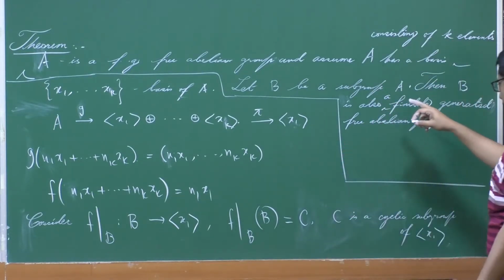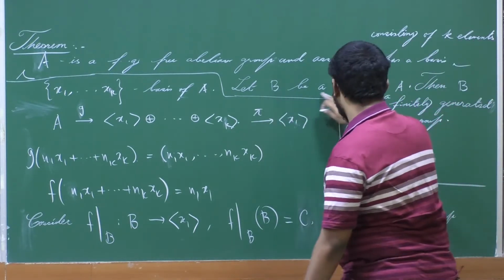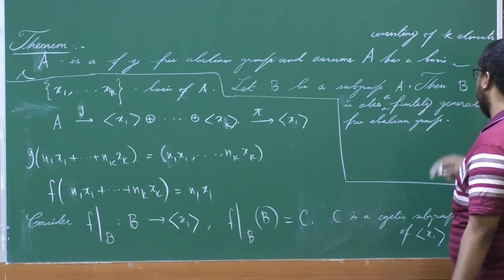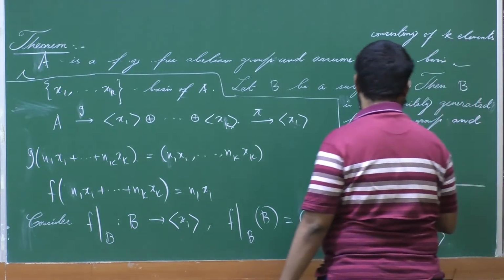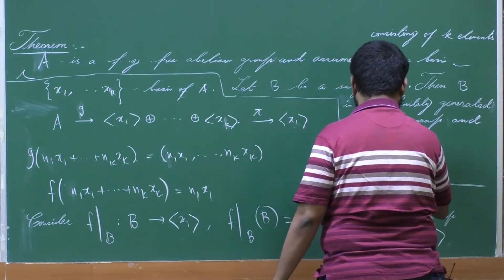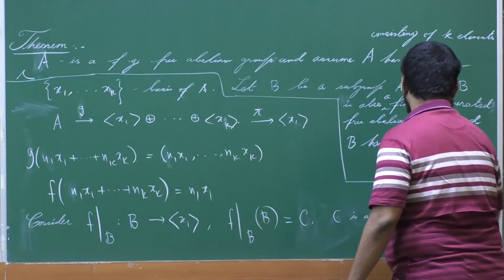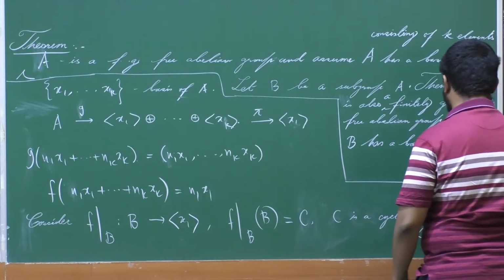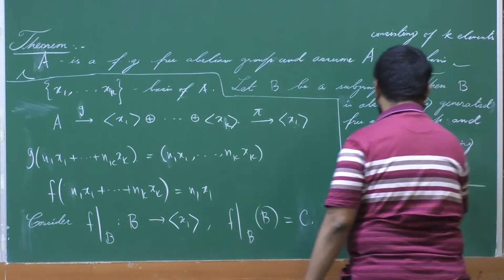Then, let B be a subgroup of A. Then B is also a finitely generated free abelian group, and B has a basis having at most k elements.